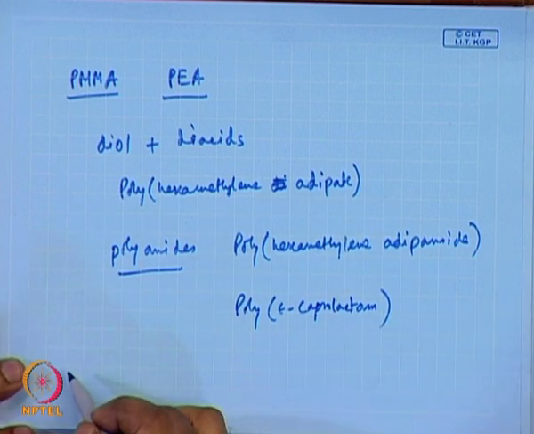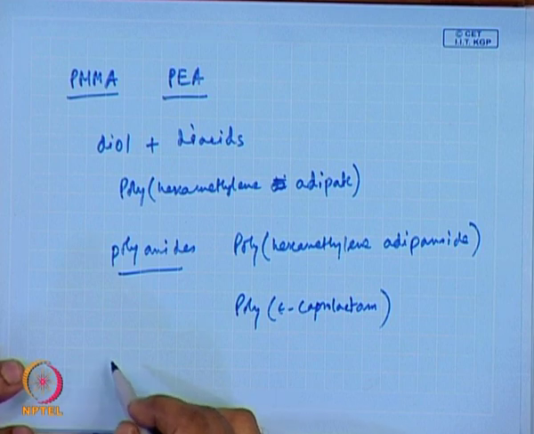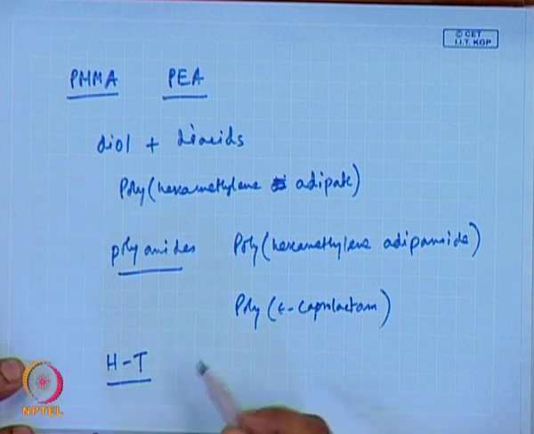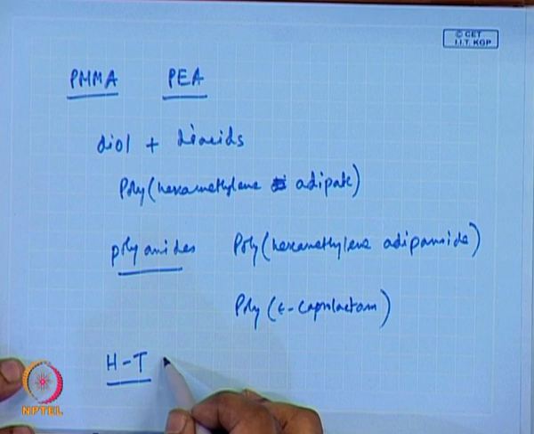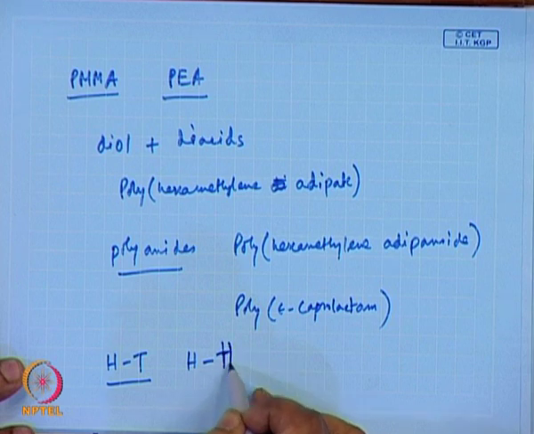Now, we have also seen during our discussion of chain polymerization that it is always the head-to-tail arrangement when the polymer chain propagates. A head-to-tail arrangement is preferred almost exclusively over a head-to-head arrangement.